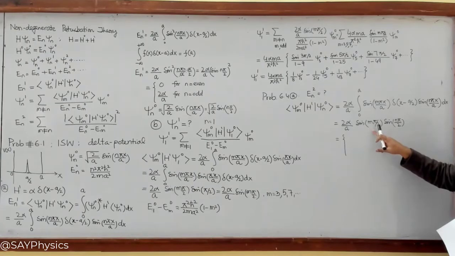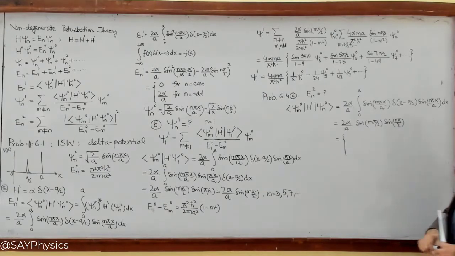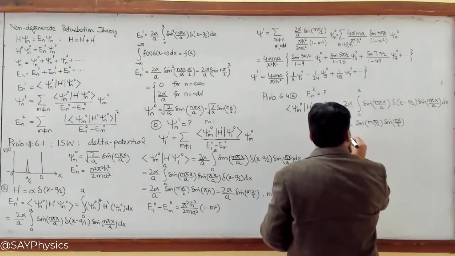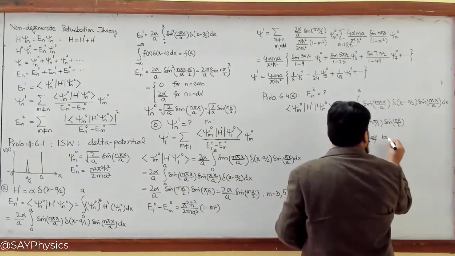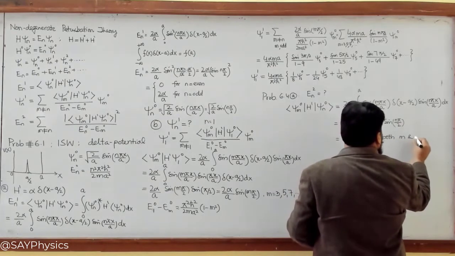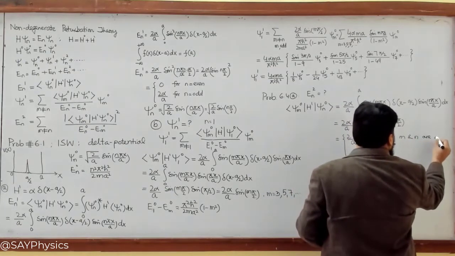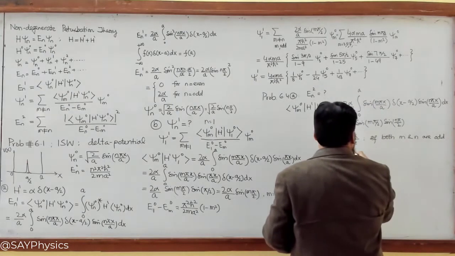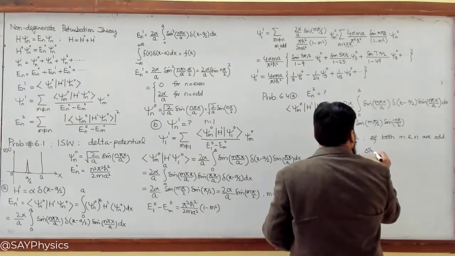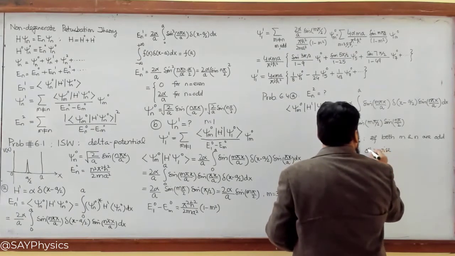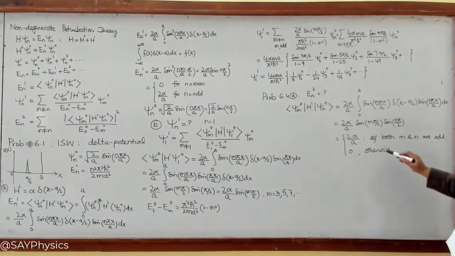So the value will exist when both m and n are odd, otherwise it will be 0. So I can write that this is equal to 2 alpha over a if both m and n are odd and 0 otherwise. Means all the situations I have written combined as otherwise: it will be 0 if one of them is even and so on.